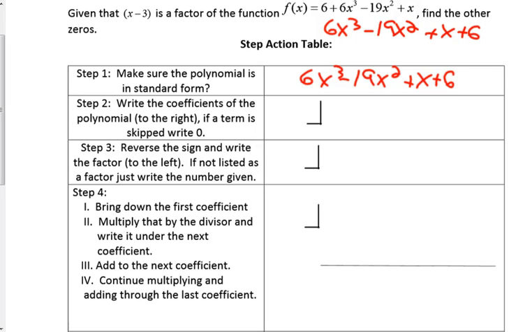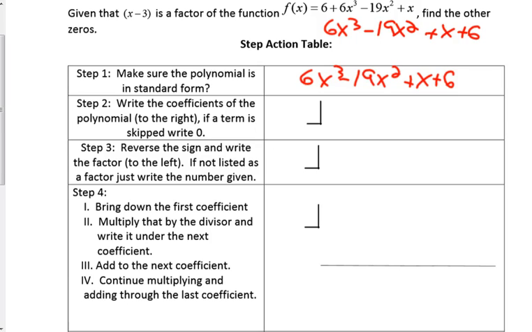Okay, so the next step says write the coefficients of the polynomial to the right. If a term is skipped, write 0. Did we skip anything? No, so we don't have to worry about that part right now. So what are coefficients? The number in front of the variable, right?